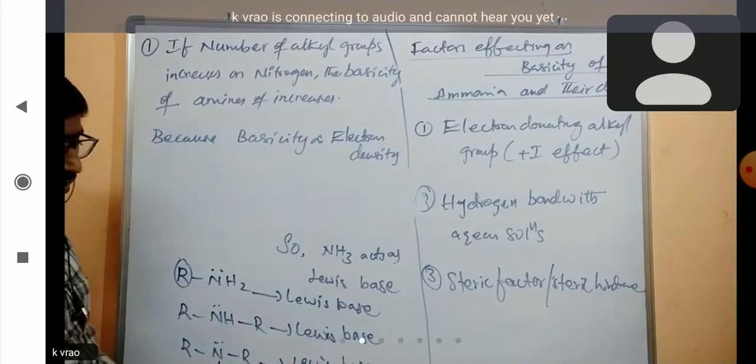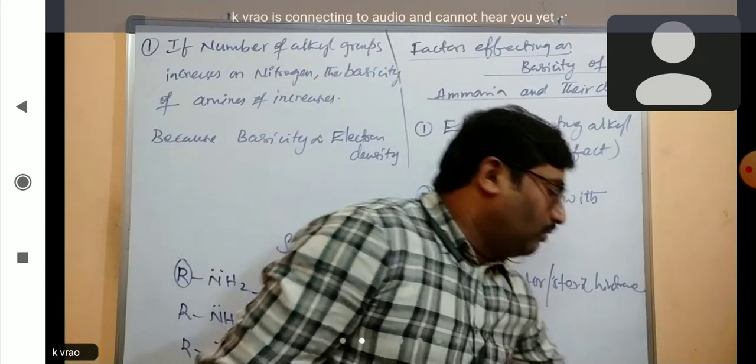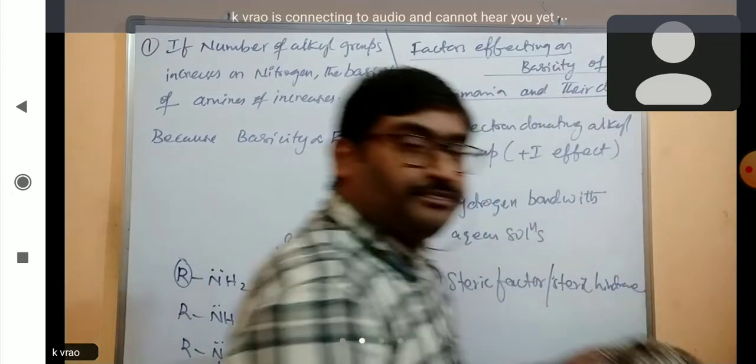So the more the number of alkyl groups on nitrogen, the more the basicity.